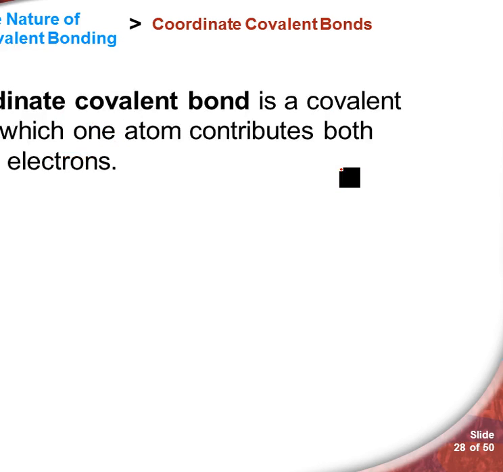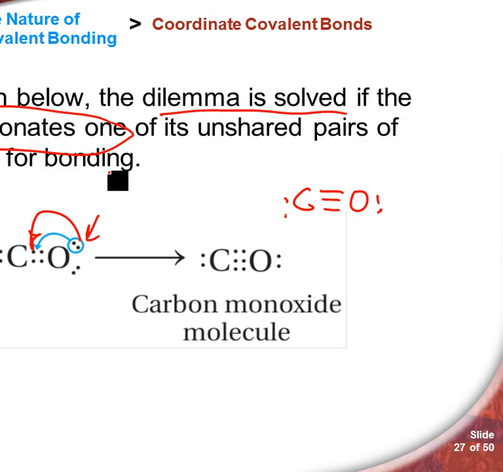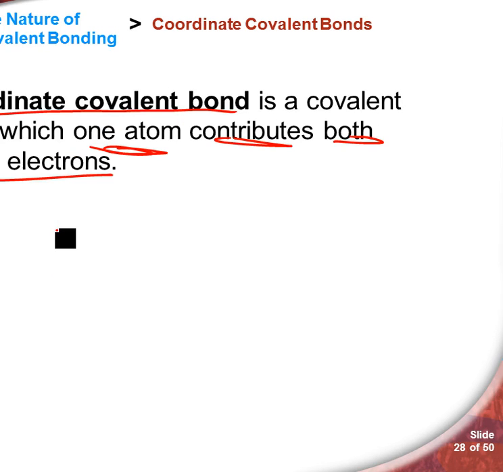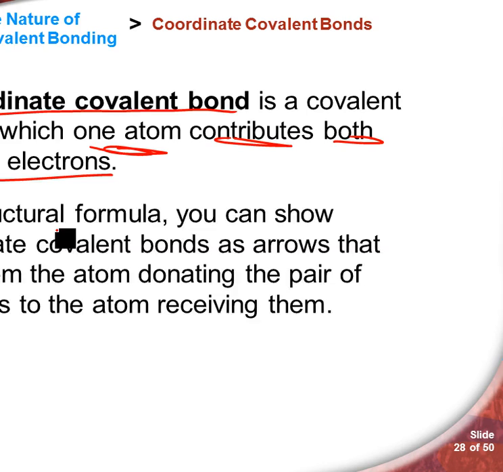Now, a coordinate covalent bond is a covalent bond in which one atom contributes both bonding electrons. So notice, 2 bonding electrons donated from the oxygen. This is therefore a coordinate covalent bond because one atom is contributing both bonding electrons.